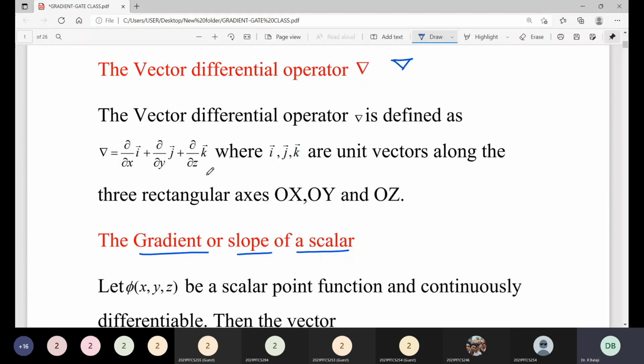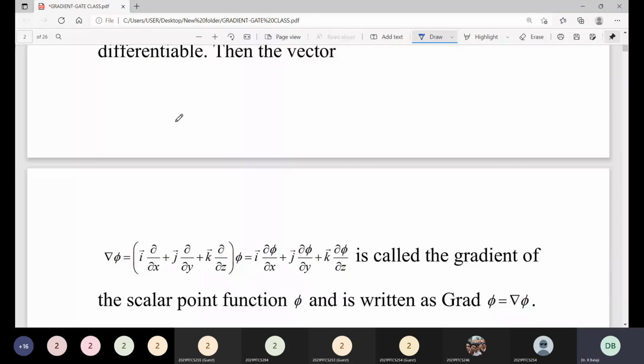Then gradient or slope of a scalar. Sometimes they may ask gradient and sometimes they will ask slope. That is nothing but del pi. Del pi is equal to i into dou pi by dou x plus j into dou pi by dou y plus k into dou pi by dou z.